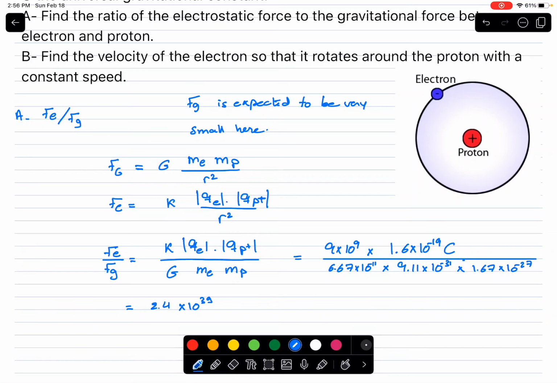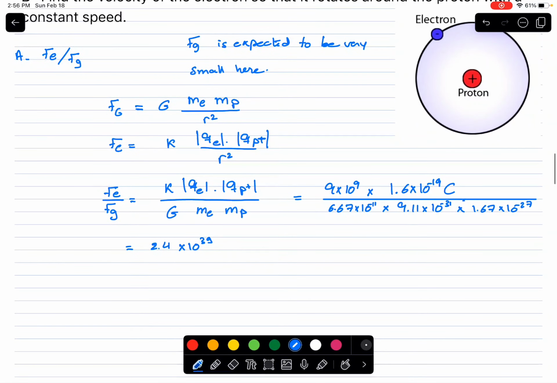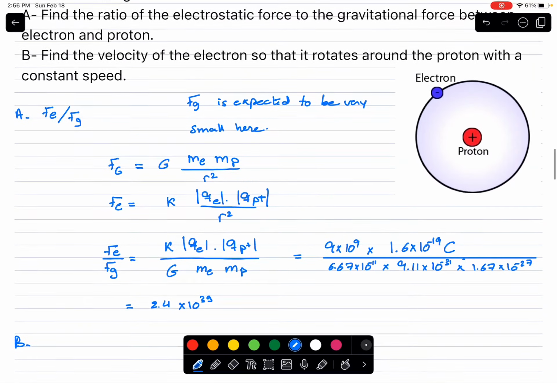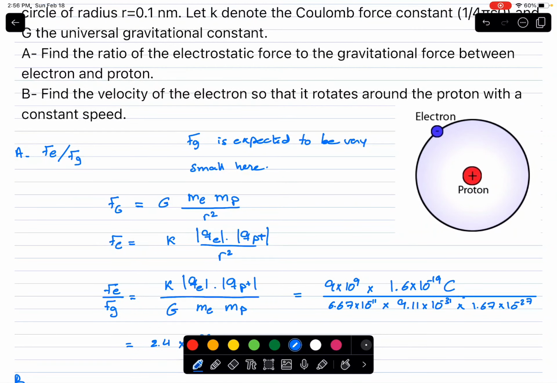Now in part B, they ask us to find the velocity of the electron so that it rotates around the proton with a constant speed. What do we mean by a constant speed? We can see that the electron is moving in a circular path, so the speed is this tangent.